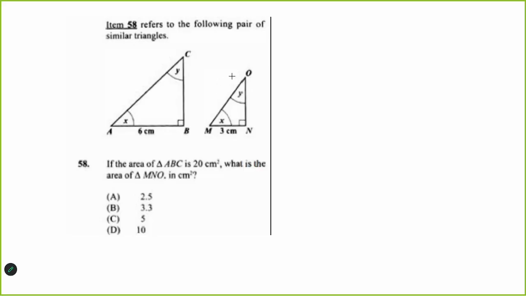This one here, repeated question. Hold on. What do I want? If the area of ABC is 20, what is the area of MNO? This one is a little bit different, where once you deal with area of your object, you have to square your scale factor.